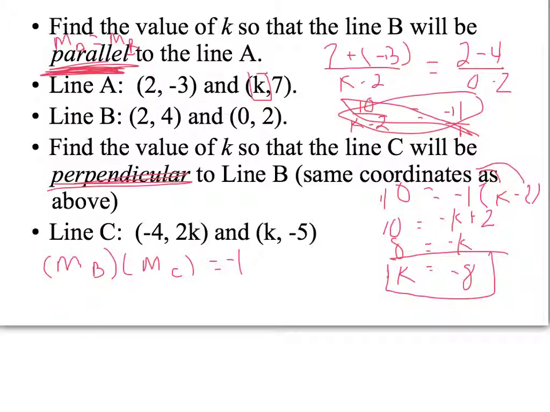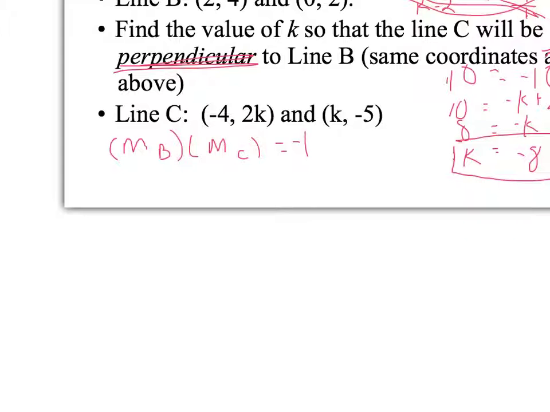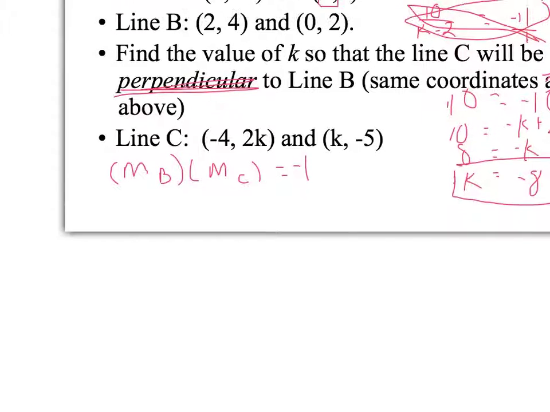It should have been 4 minus 2 over 0 minus 2. No, I did that right. I'm just kidding. 2 minus 4 over 0 minus 2. I was right the first time. Shouldn't have doubted myself. So 2 minus 4 is -2 over -2 would be a +1. All right, so the slope of line B, we already figured that out, is +1.